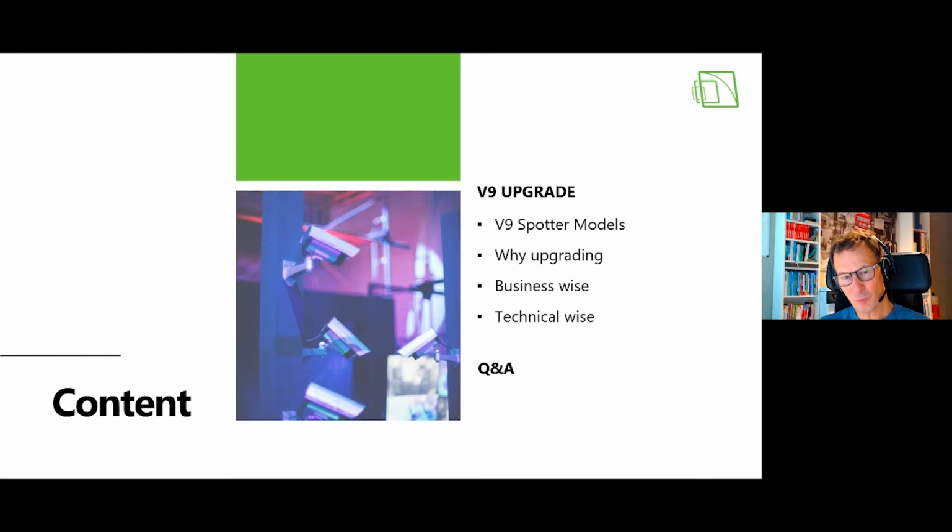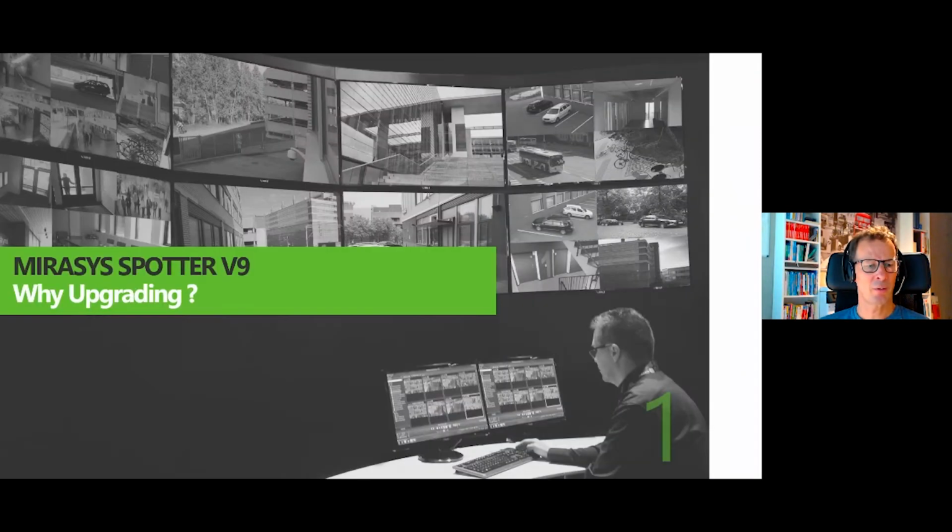One is the business perspective: what would it cost, what would it require from the business point of view? And on the other side, also from the technical point of view, what are the differences? What do I need to take care of? And then at the end, we will have this question and answer session as always. Let's dig into this presentation right now.